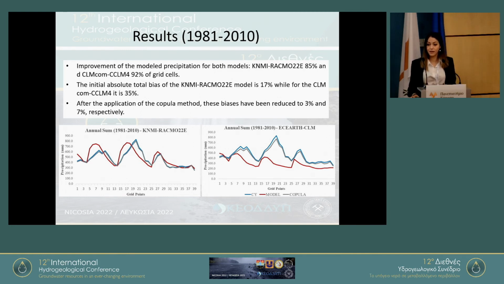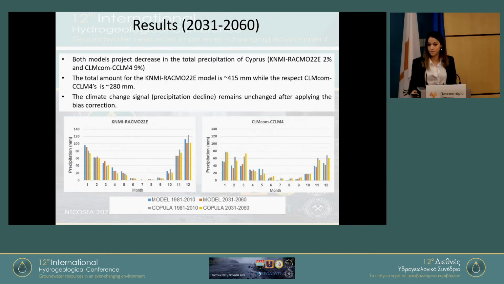The improvement for the first model reaches 85%, while for the second one, 92% of the grid points. The initial absolute total biases for the first model was 17%, while for the second, almost double.